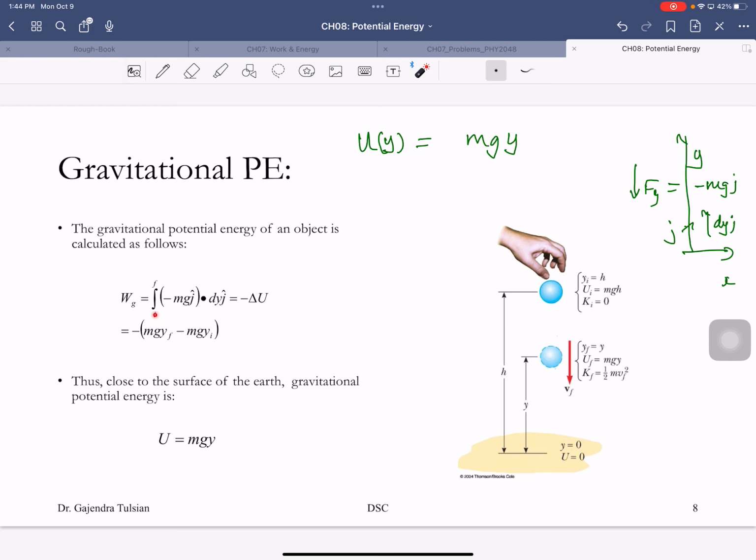Let's say you go from any initial point to a final point, and you do this integral. j dot j is 1, so I'm pulling out the minus mg dy, from initial to final. Minus mg is a constant, and the integral of dy is just y.